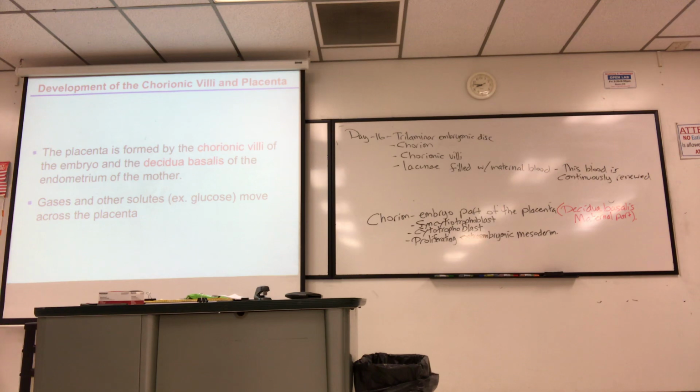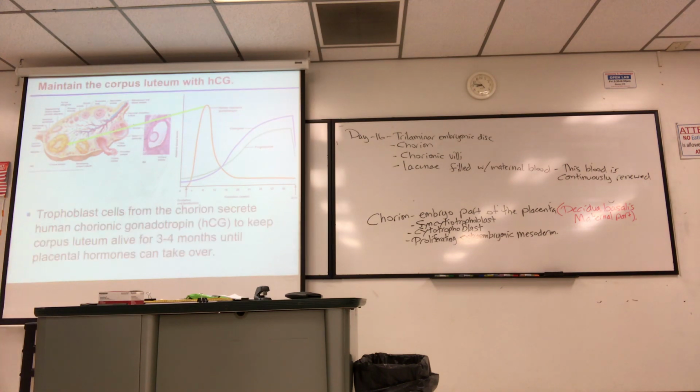The placenta is formed by the chorionic villi of the embryo, and the decidual basalis of the mother. There's gas exchange, solute exchange, especially with glucose. And let's remember that HCG at this time, the trophoblast cells from the chorion secrete human chorionic gonadotrophin.